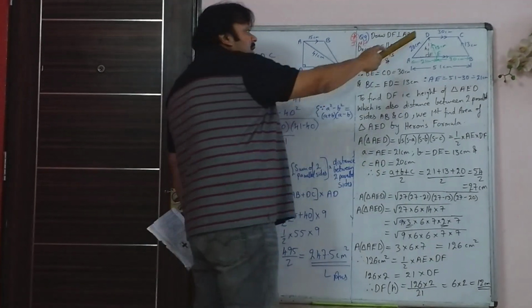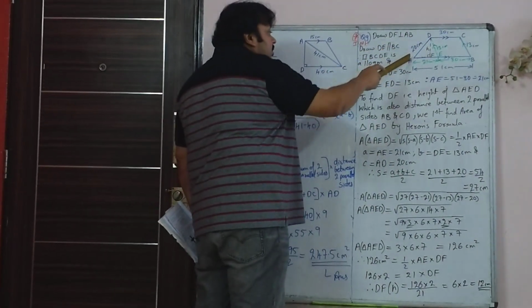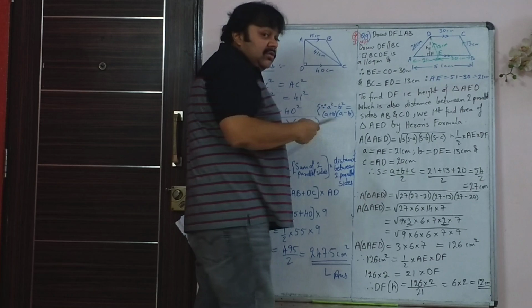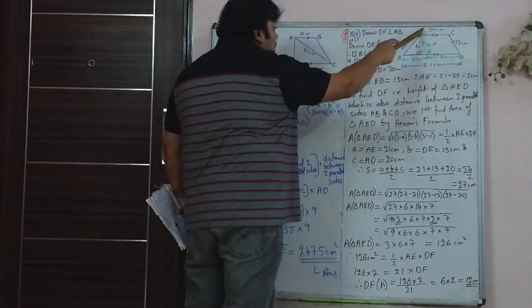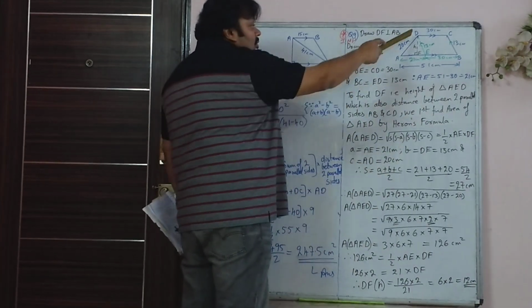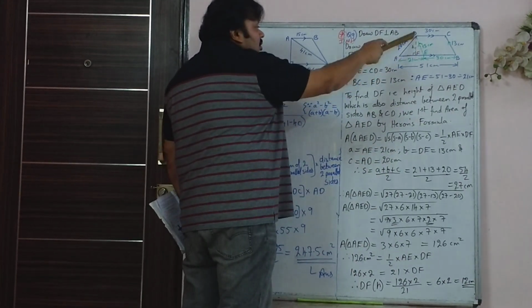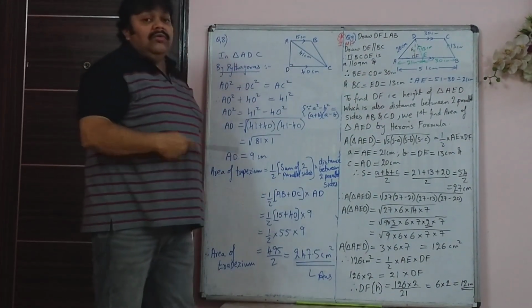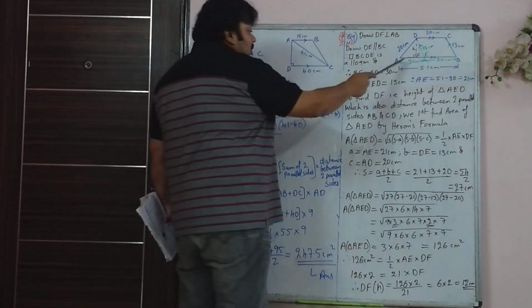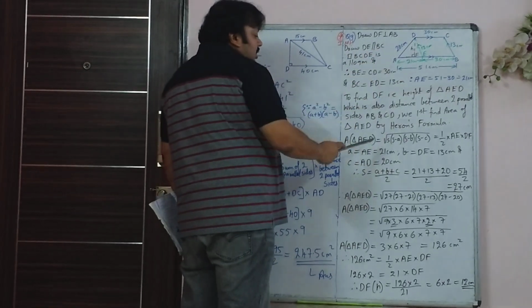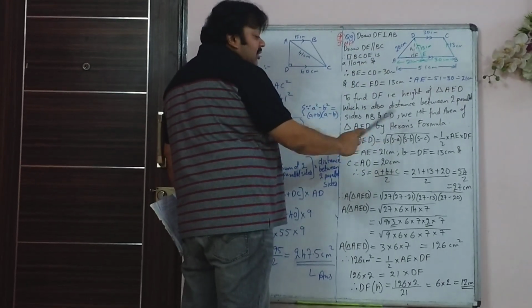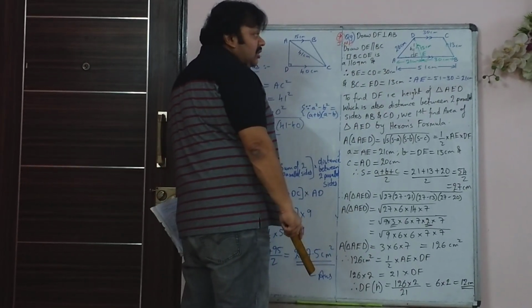Now in order to find the height of this triangle, which is also the height or the distance between the two parallel sides of the original trapezium, you can find the area using Heron's formula for the triangle. So you have this formula: area of triangle AED is the root of s into (s minus a), (s minus b), (s minus c).